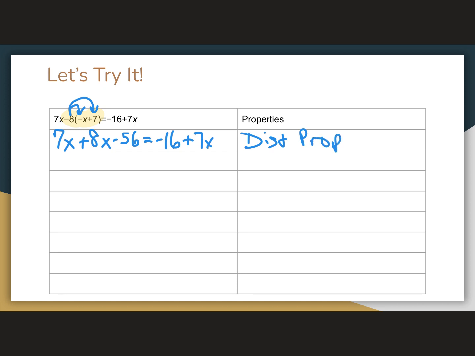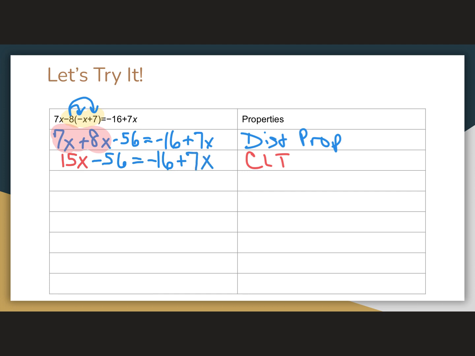Okay, so the next thing I need to do is combine my like terms. I can see that on the left side I have a 7x and an 8x that I can combine. So 7x plus 8x gives me 15x. Bring down the rest of my problem: minus 56 equals negative 16 plus 7x.